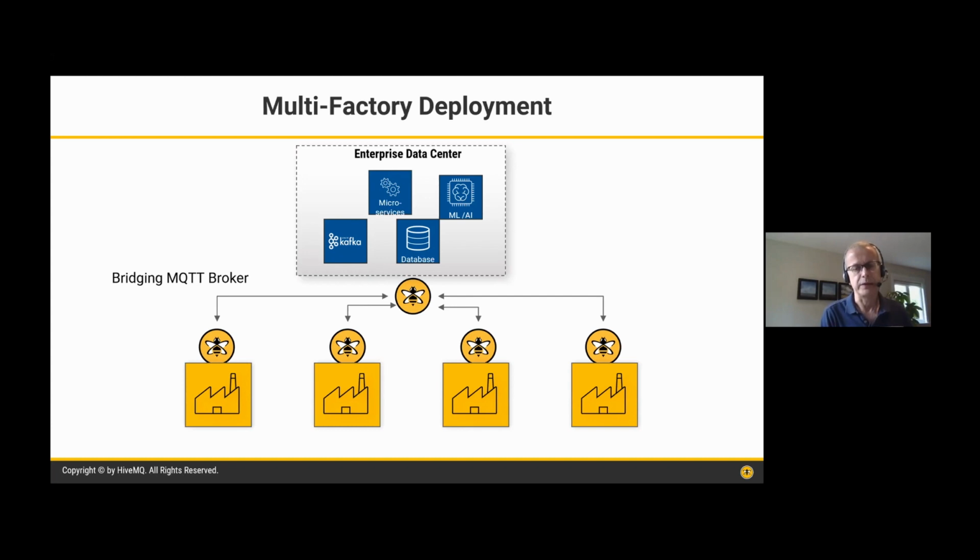For this reason, we provide what's called MQTT broker bridging technology. That allows you to easily move data between each factory up to the data center, but more importantly, move data back down into the factory by connecting the brokers. And really, it's a federation of brokers that you get.